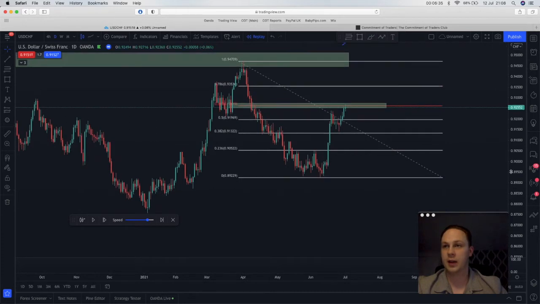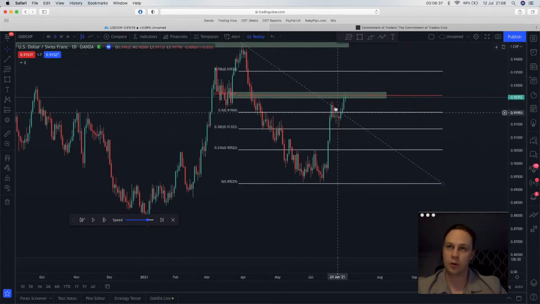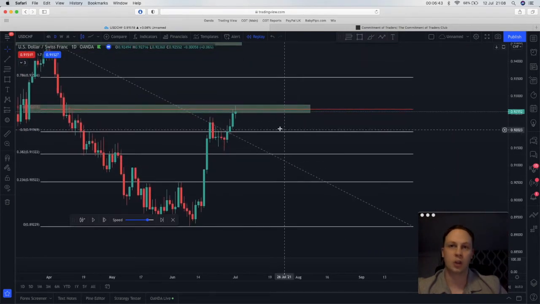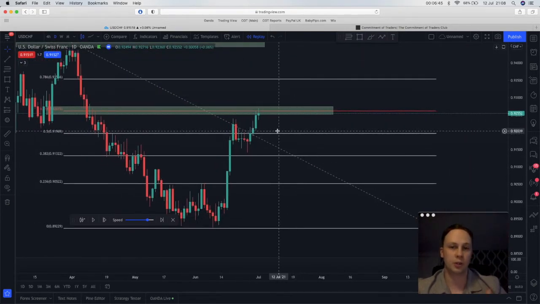We can see that the market broke past the previous high, but with this candle formation here, I'll zoom in there, it is showing signs of bullish depletion. Momentum is no longer with the bulls, and perhaps there are some more sell orders coming into play. Now we know, or we certainly have analysed, that this is going to be an area where the retracement is going to end and people are going to start selling.